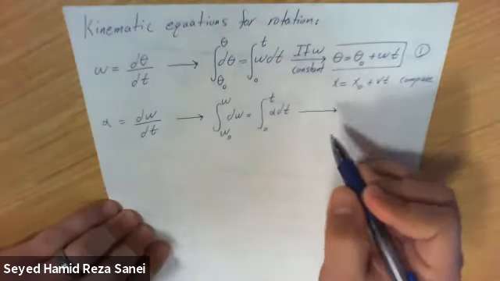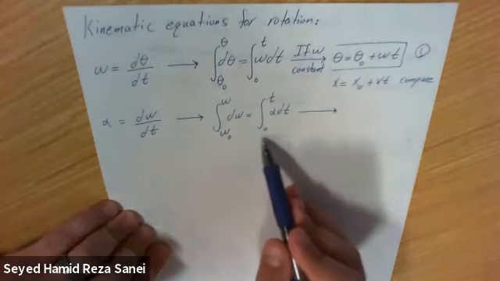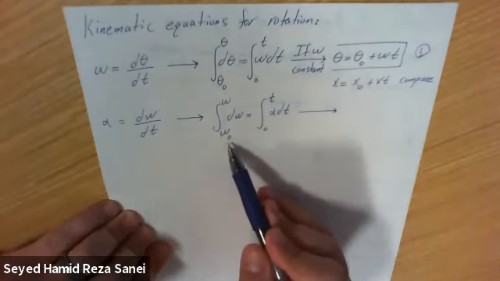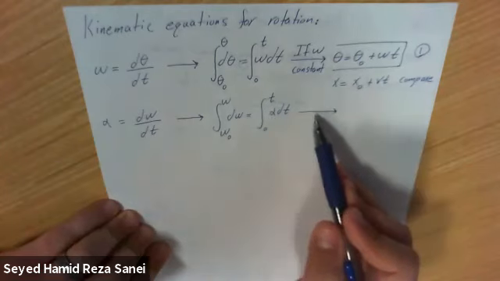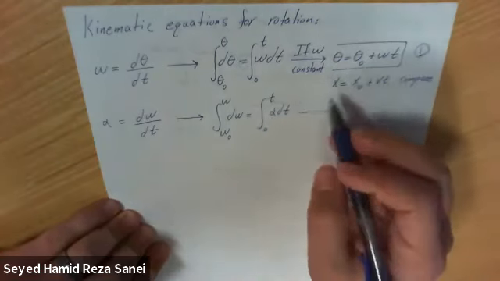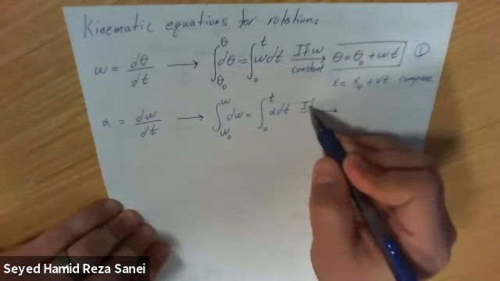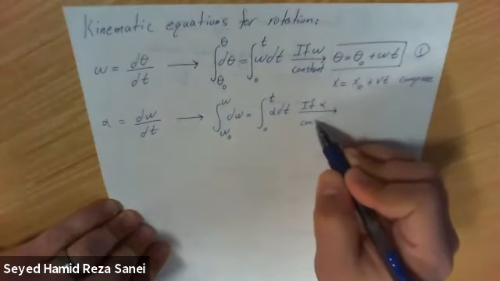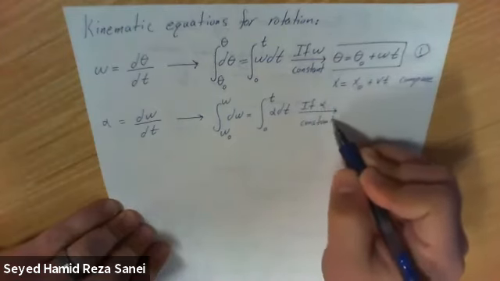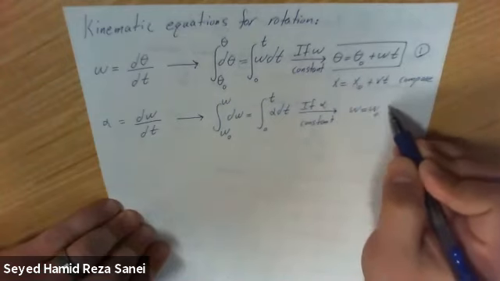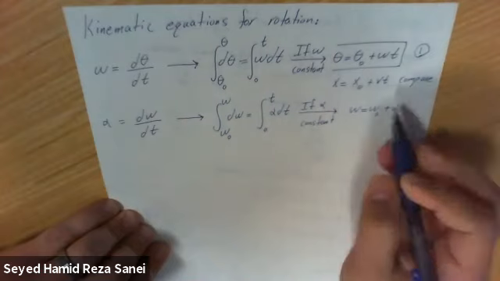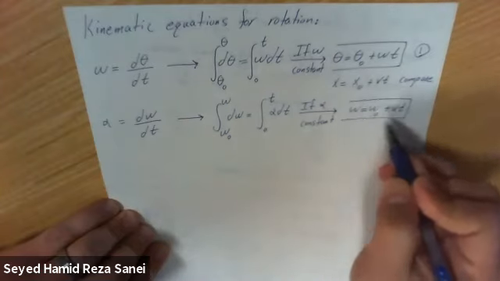That's the equation that we have and we have to use. But if alpha is constant, if alpha is not a function of time, then the equation becomes simplified. So if alpha is constant, omega equals omega naught plus alpha t, and that's our second equation.